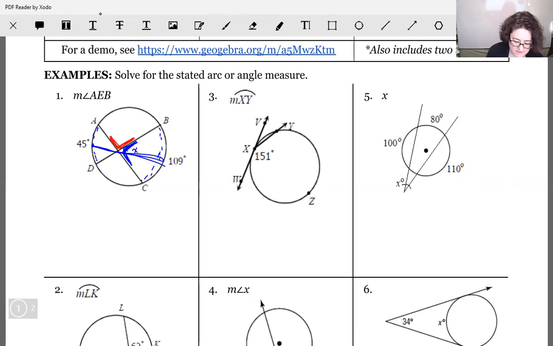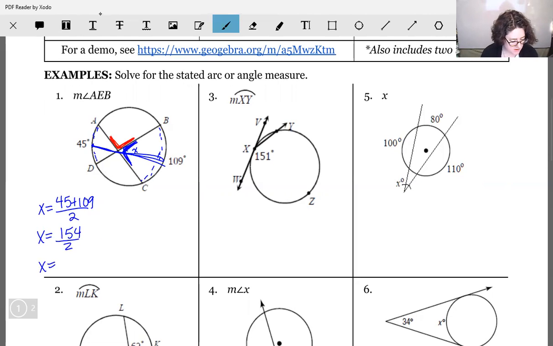So I know that angle X is going to be the same thing as adding up 45 plus 109 and dividing by 2. Well, we don't have anything really to solve. We just have to simplify that expression. I would suggest doing the 45 plus 109 first. That gives me 154. And 154 divided by 2 gives us 77 degrees.